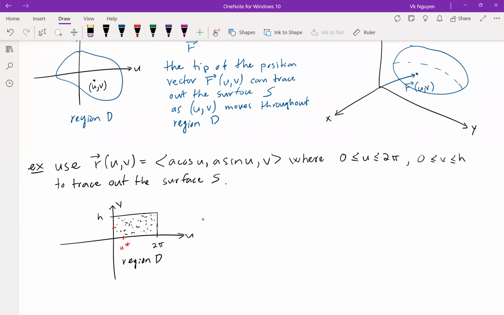I'll use a different color here so you can see. Using this vector r(u,v), of course, we're gonna get something here.